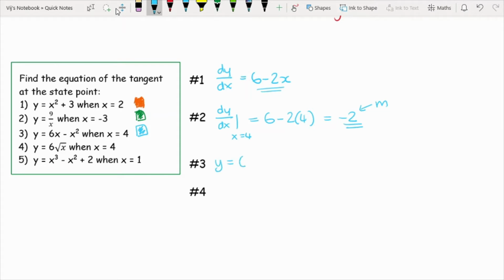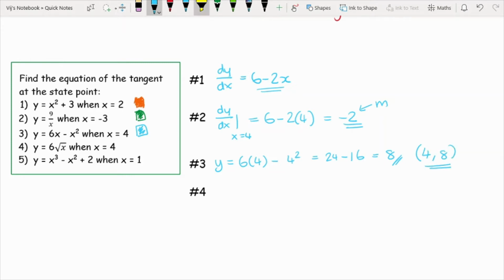So I've got y equals 6 lots of 4 minus 4 squared, which means 24 minus 16, which leaves me with 8. So my coordinate is going to be 4, 8.